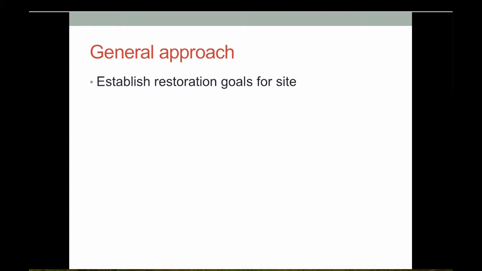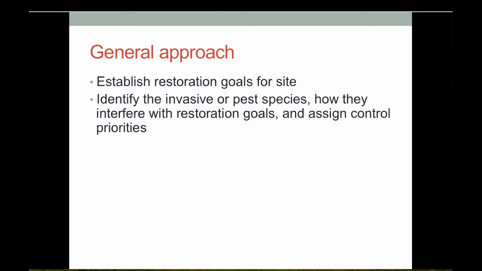And once you've done that, you're going to go out and you're going to do an inventory and analysis of the current site. And any type of inventory and analysis really should include a component where you're looking to identify invasive or pest species, and then think about how they're going to interfere with your restoration goals, and then assign priorities for control.